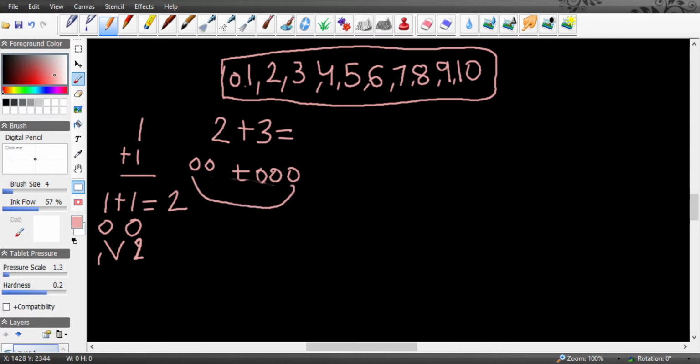So let's see. 1, 2, 3, 4, 5. This is going to be our answer. Let's count our answer. 1, 2, 3, 4, 5. 5. 2 plus 3 is 5. Use your fingers and it'll be 5.